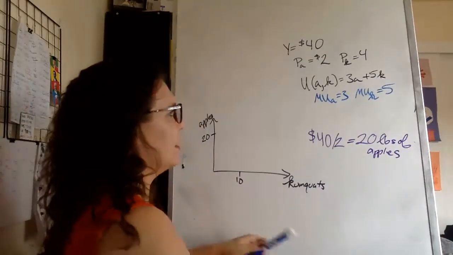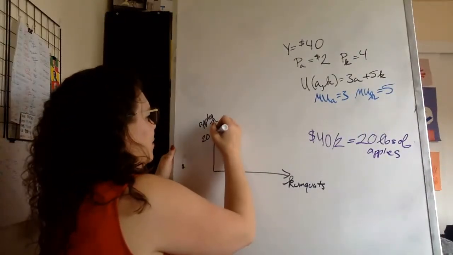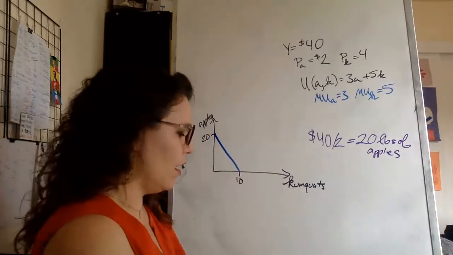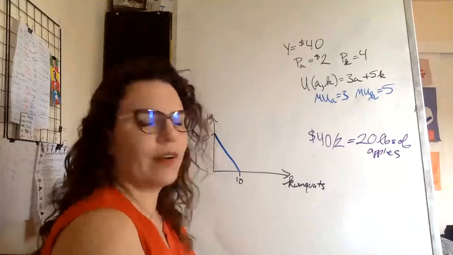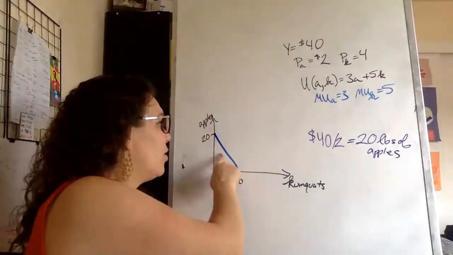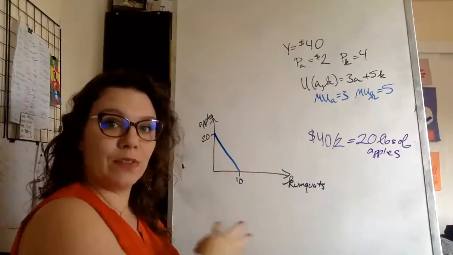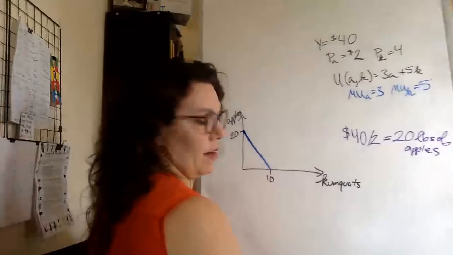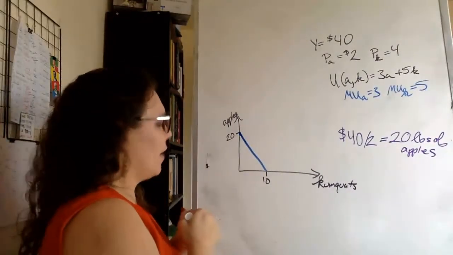So that gives us an indifference curve, right? Now we want, sorry, not an indifference curve, a budget constraint. That's Andy's budget constraint. All the money that he can spend, all $40, can be spent on either apples or kumquats.